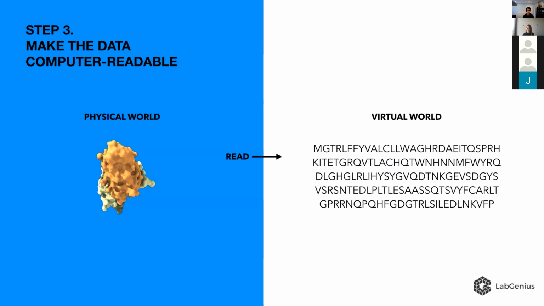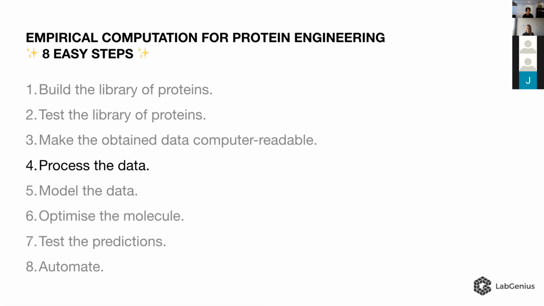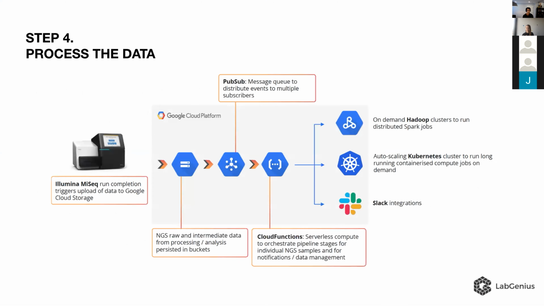They're called sequencers because they can transform the physical molecules into sequences, so strings of text, and they're called next generation because they can read millions of physical molecules simultaneously. So we end up with a lot of data, and we need to process the data. As fantastic as these next generation sequencing machines are, they do make mistakes, as any biology-based system.